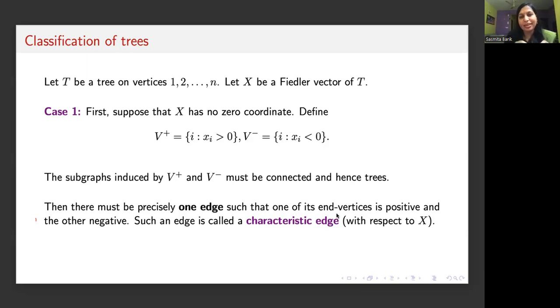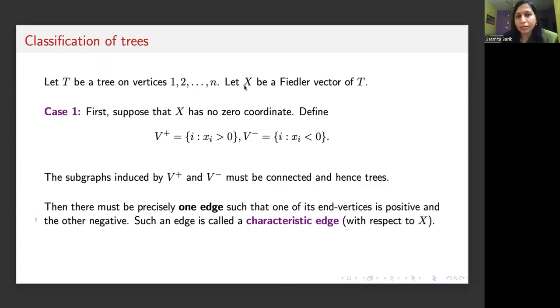You can imagine two edges with positive and negative ends. When you consider the set of all positive vertices, you have to leave certain things out, so it becomes disconnected. So you get exactly one edge which has a positive end and a negative end vertex.